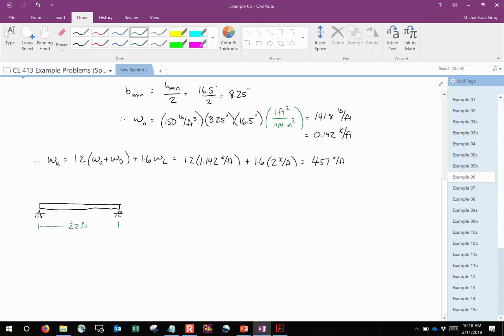Well, you're exactly right. I'm going to get to that here in a sec. And so I've got W sub U equals 4.57 kips per foot. And so what I'm trying to do is, okay, now I've got a factored load and I have my beam. Now we're in structural analysis land.